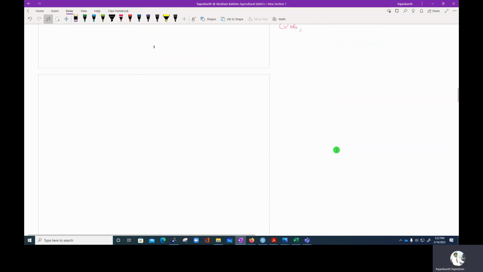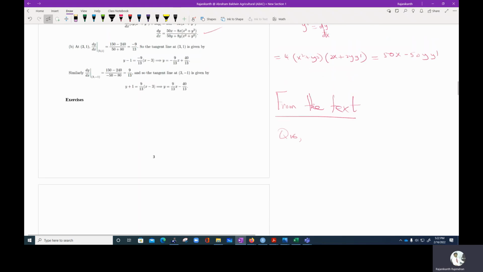I already uploaded all the worked problems for these, but anyway, you need to first try, okay? Then question number 30. Please try these two problems and make sure that you get the answer. It's all about implicit differentiation.